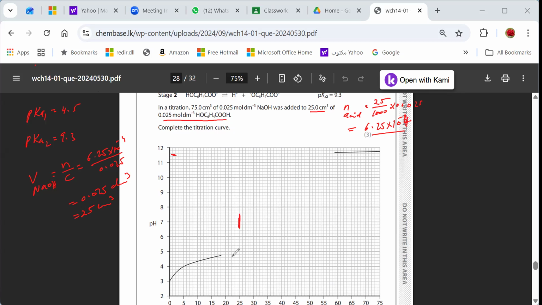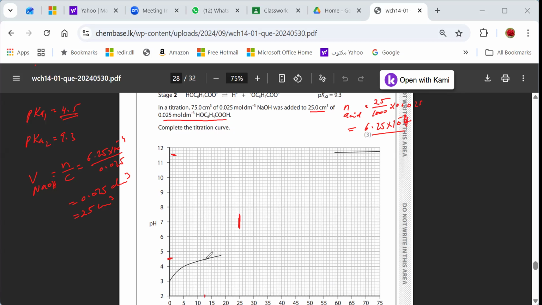Now, we said that if we have a weak acid titrated against a strong base, they also said that the pKa1 is 4.5. It means that at pH 4.5 we will have this buffer region. You see that they started with the curve, the pH rose, and then we have the buffer region at half the equivalence point, which is 12.5.